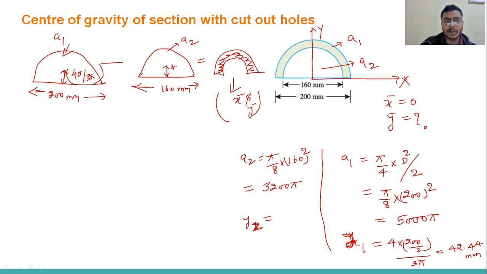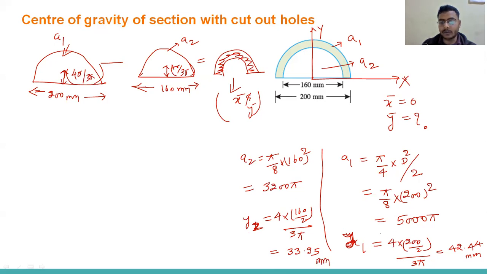Y2 will be 4r by 3 pi, but in this case the radius is small. So 4r, that is 160 divided by 2, diameter by 2, divided by 3 pi. By solving, we will get this value, 39.95 mm. Don't write this value. First calculate by using your calculator, then see whether you are getting the same value or not.